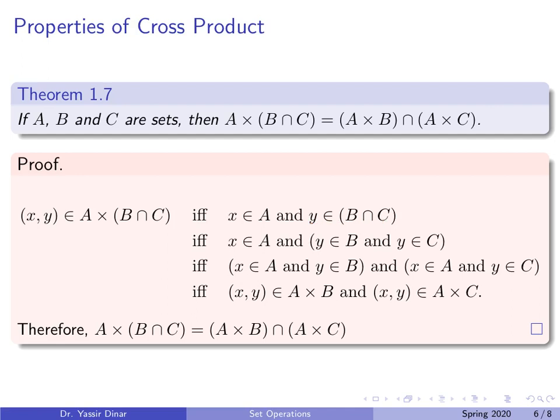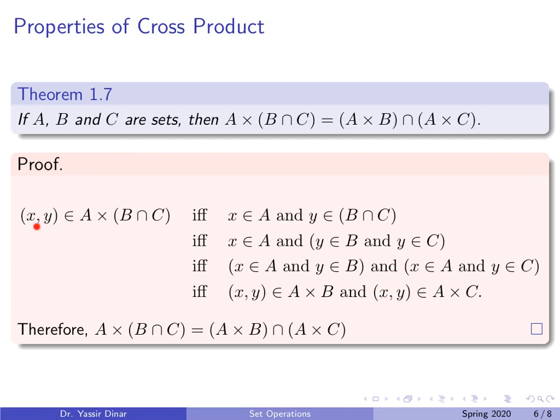But that means also, if and only if x belongs to A and, by the definition of intersection, y belongs to B and also y belongs to C. Now this happens if and only if I just write x belongs to A twice: x belongs to A and y belongs to B, and also x belongs to A and y belongs to C. But this means, if and only if (x, y) belongs to the cross product of A and B, and (x, y) belongs to A cross C.